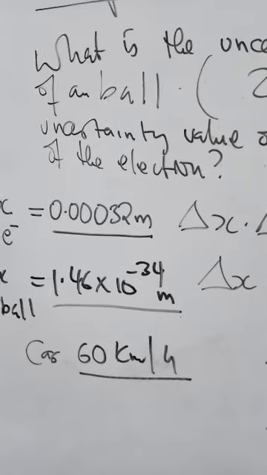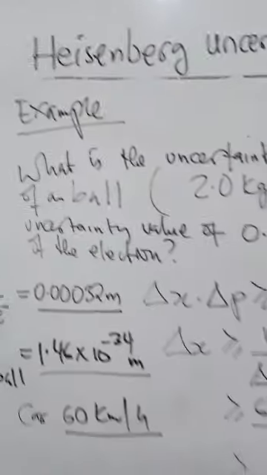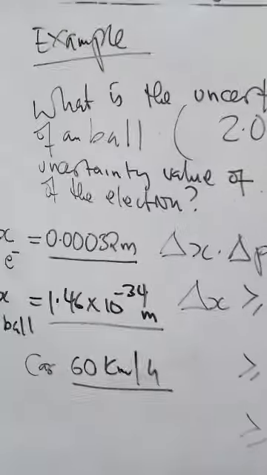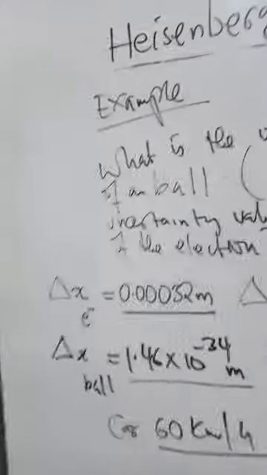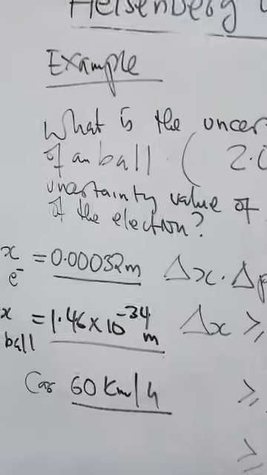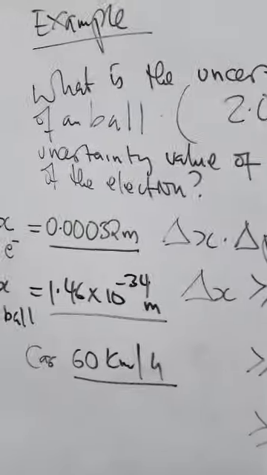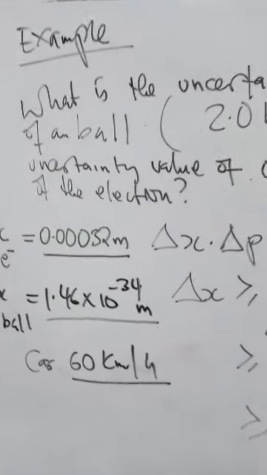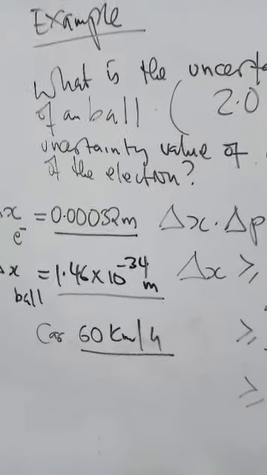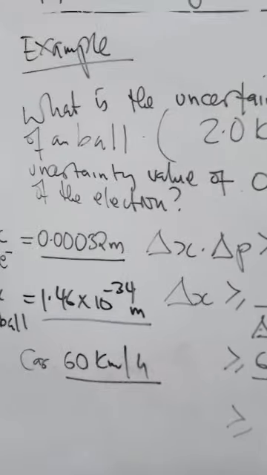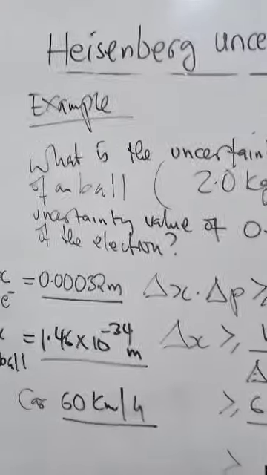Normally in our everyday lives, the Heisenberg uncertainty principle just applies to the microscopic world. We deal with very small particles, but for larger particles, the significance of it isn't that much.